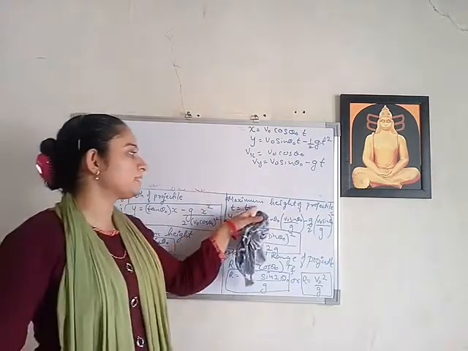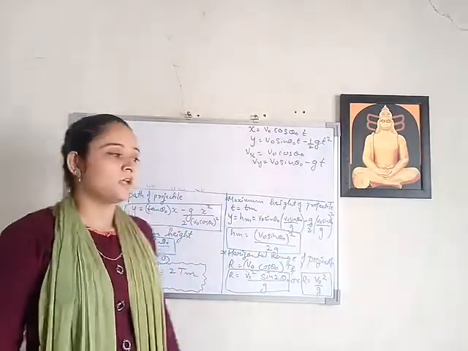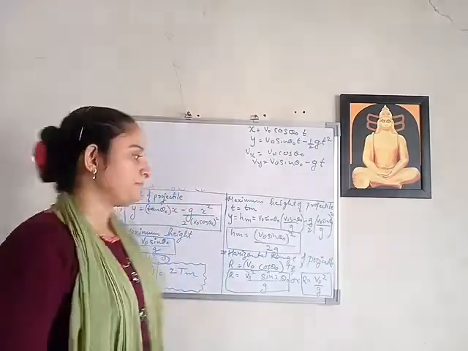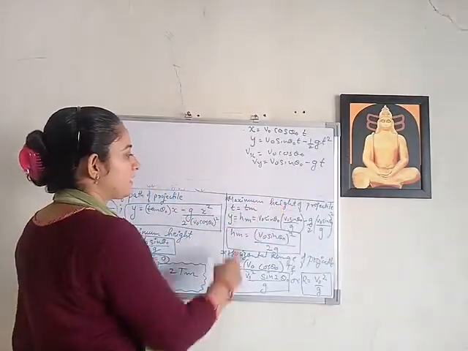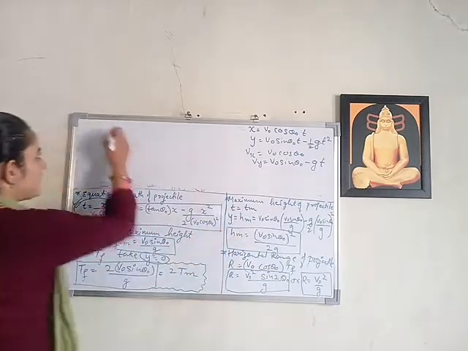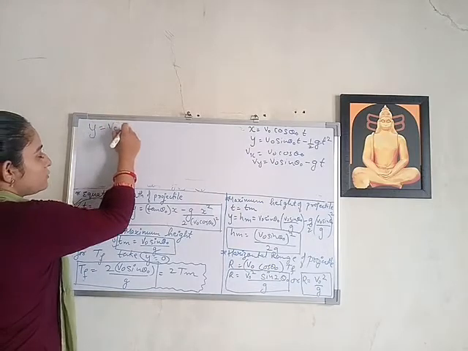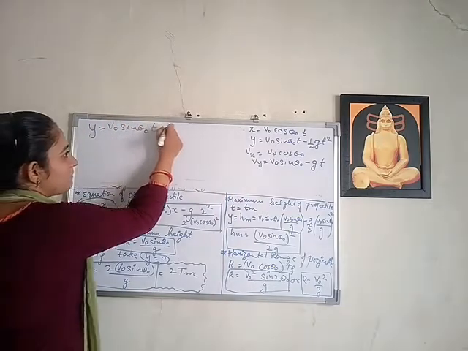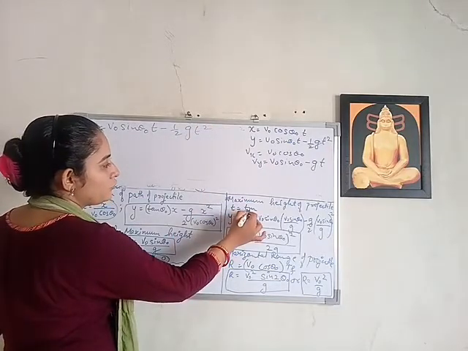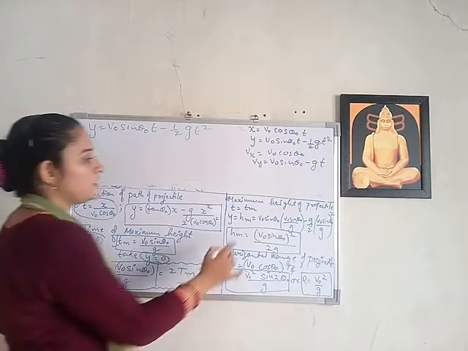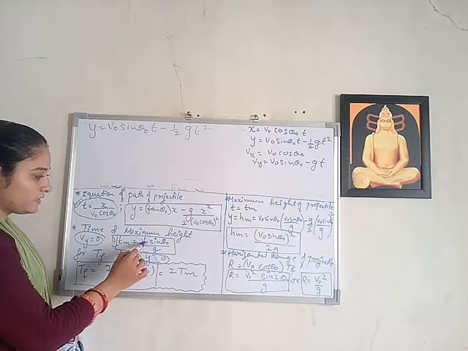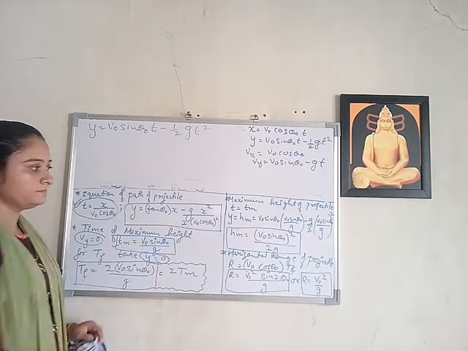Now we move to the maximum height of the projectile. For maximum height, we put t equal to Tm in y equal to V0 sin theta 0 t minus half g t square. Here Tm, the time of maximum height, is V0 sin theta 0 by g.